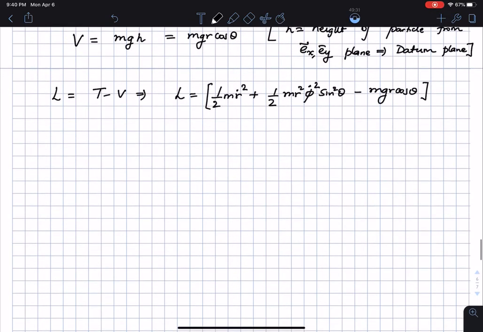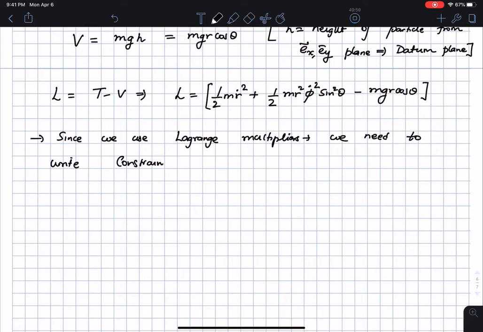So important thing here, we just have to now collate all our equations. We have to use the multipliers and so on. So here is what we got to do. Since we are using multipliers, we need to write the constraint equations in the Pfaffian form.